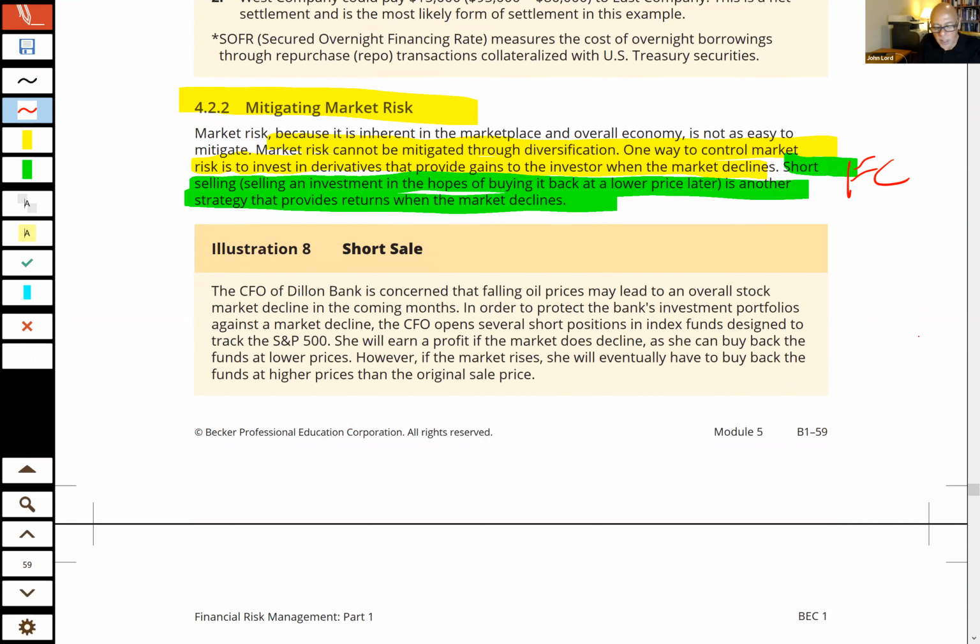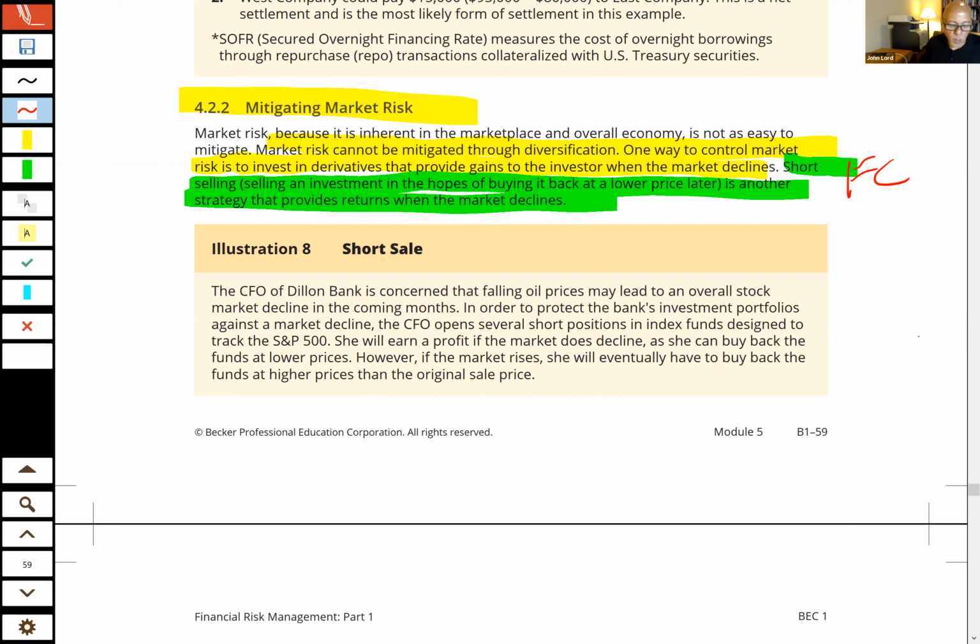Stock. And basically what happens is I borrow a security from, say, a broker, and the security is trading at $100. I sell the security for the $100. Now I have $100 in my pocket. Now what I'm betting on in a short sale is that the price is going to come down.